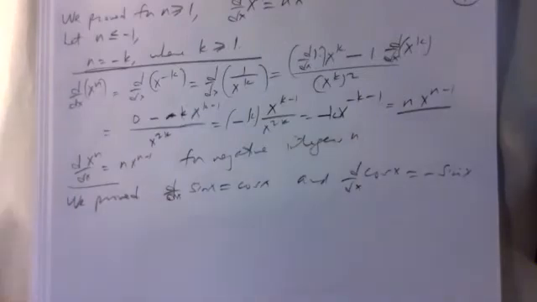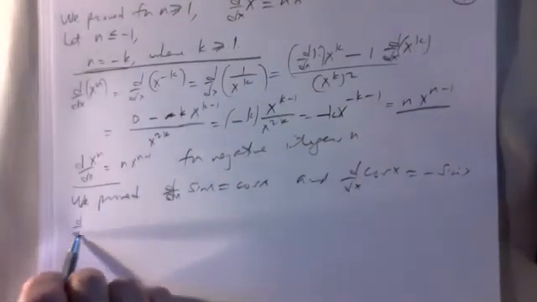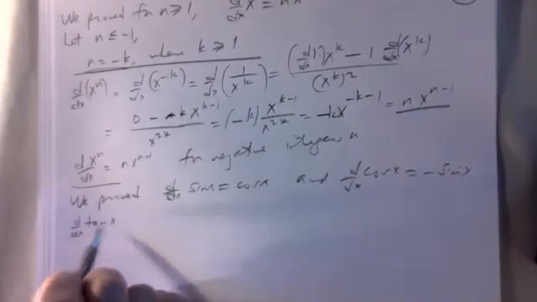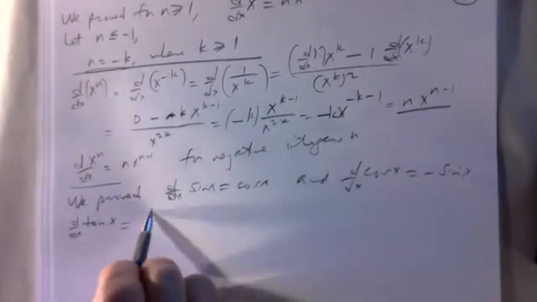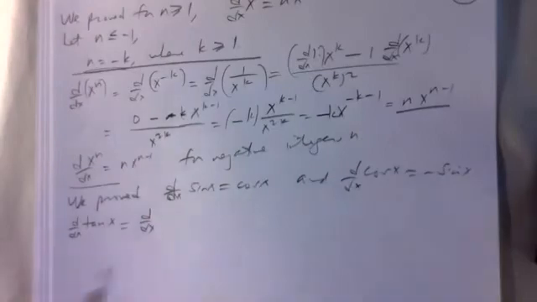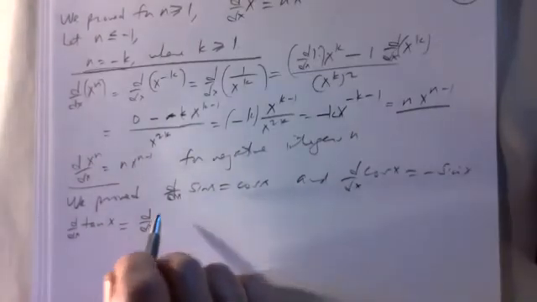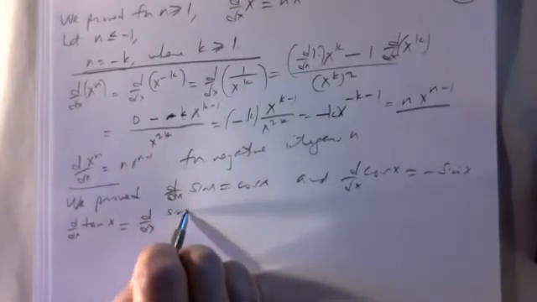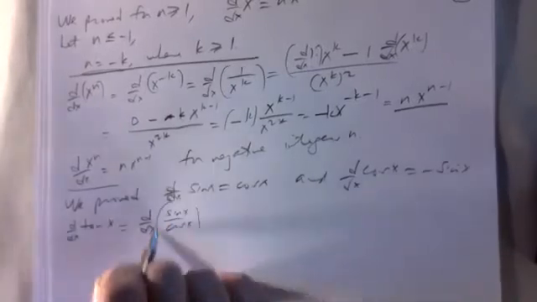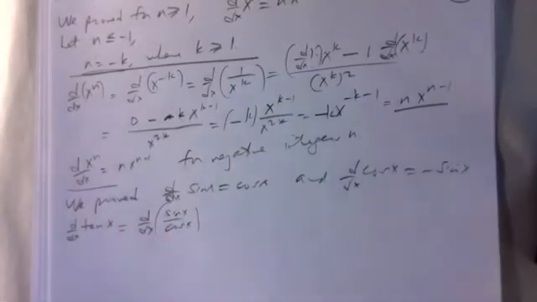But what about the tangent, the cotangent, the secant, and the cosecant? Well, what is the derivative of the tangent? We can write the tangent in terms of sine and cosine. The tangent is sine x divided by cosine x.